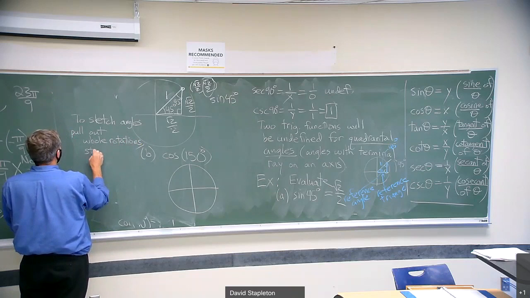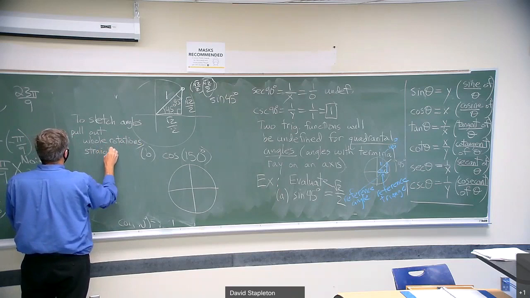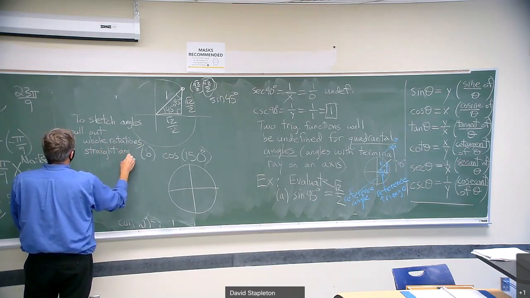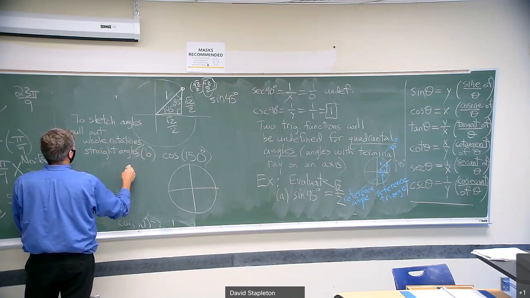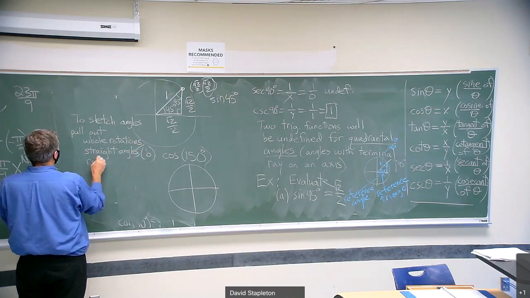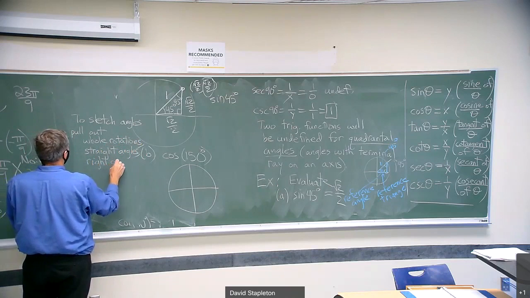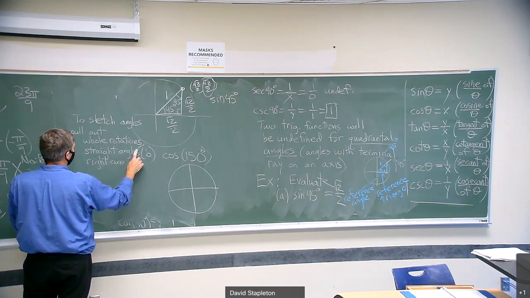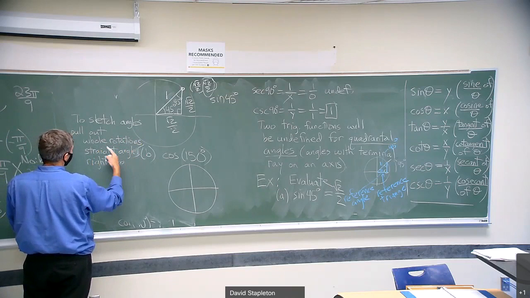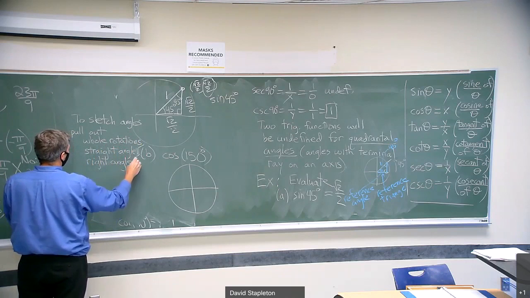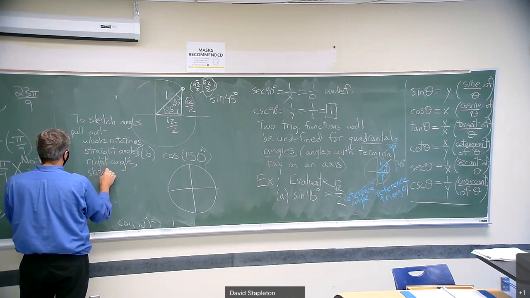Then pull out any straight angle if there's one in there. And write what's left. Then pull out any right angle that might be there. Straight angle, there can only be one. Pull out all the rotations. Pull out any right angle if there's one left, and then sketch the fraction of the remaining right angle.